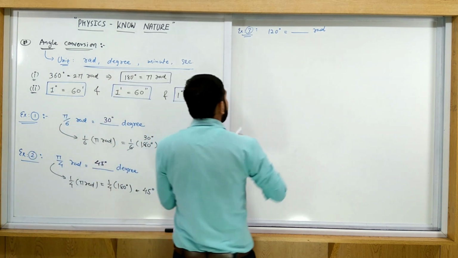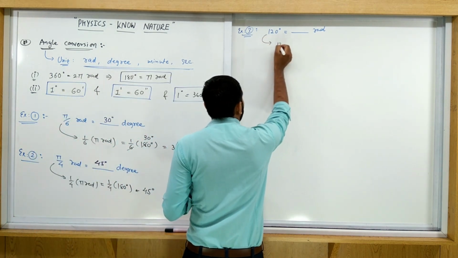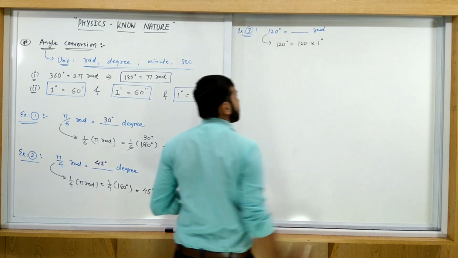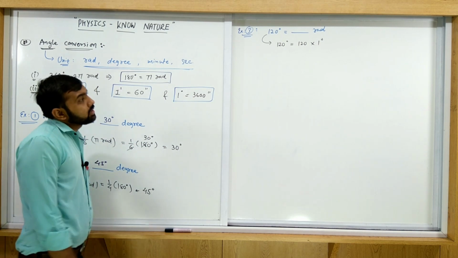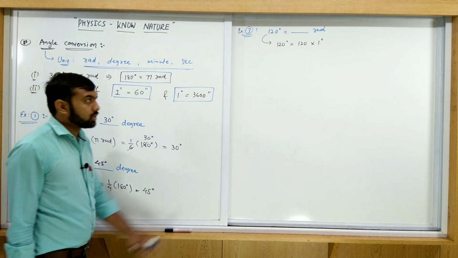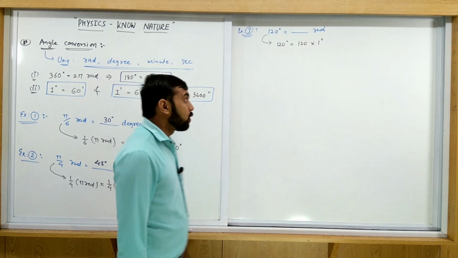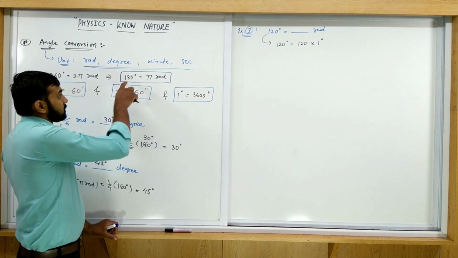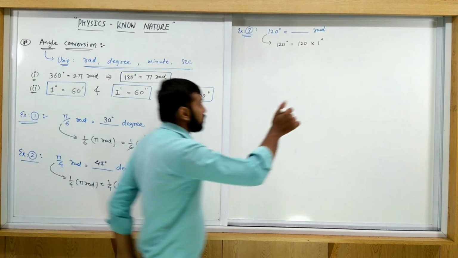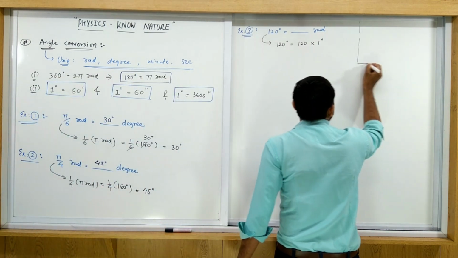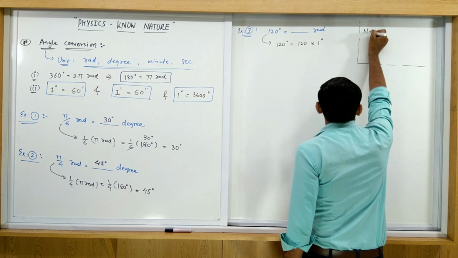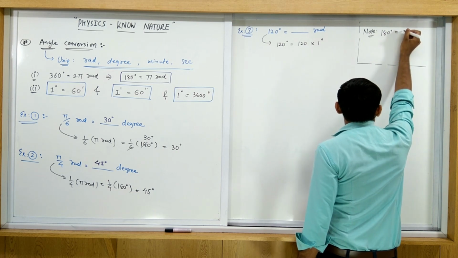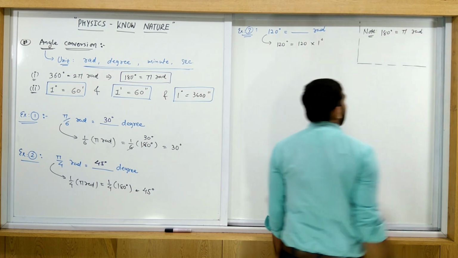Can we write this as 120 into 1 degree? The answer is yes, we write this relation in this way. Now what is 1 degree? Let's write a note first. 180 degree is equal to pi radian, yes.